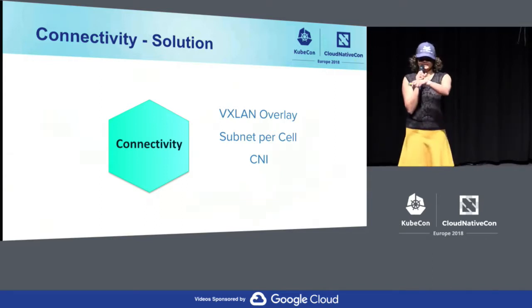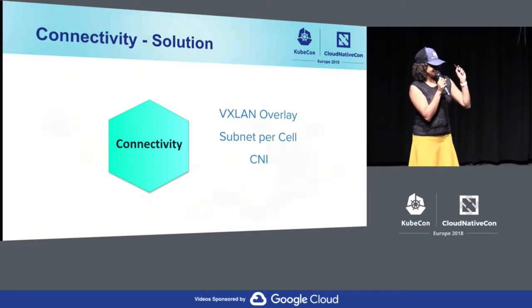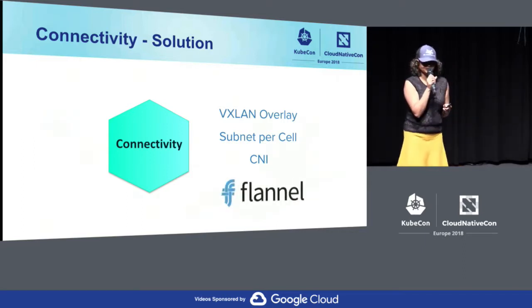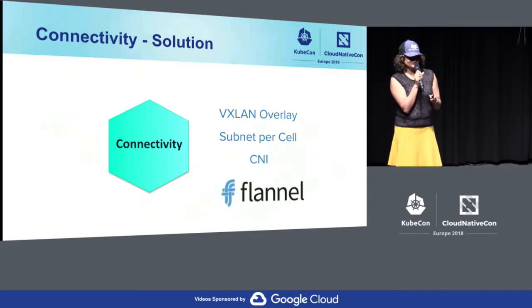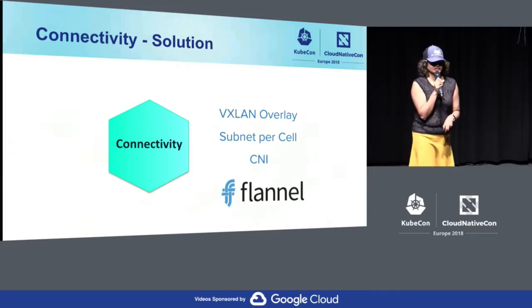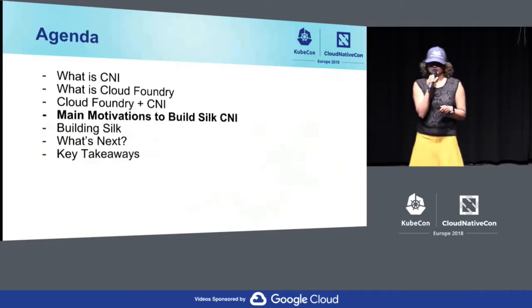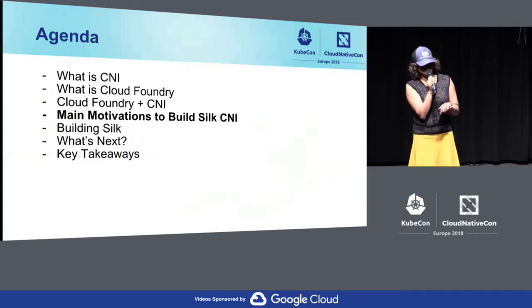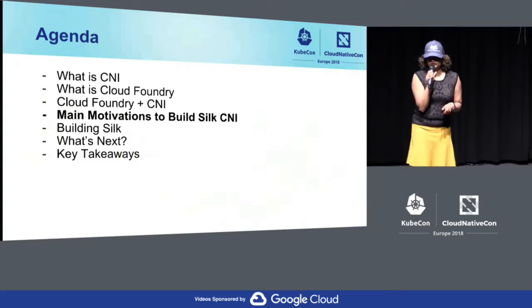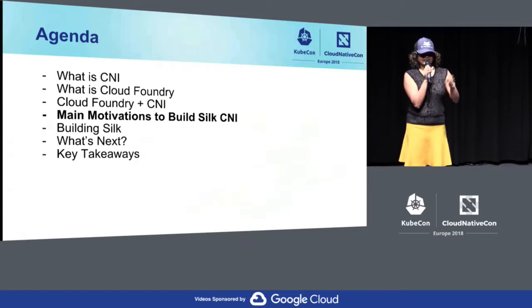So maybe you are thinking that this sounds a lot like flannel. And you're right. So we started off with actually implementing flannel as a solution. And along the way, we found out that we had some motivations for building our own CNI plugin. So I'm going to talk a little bit about what led us down the road to Silk.